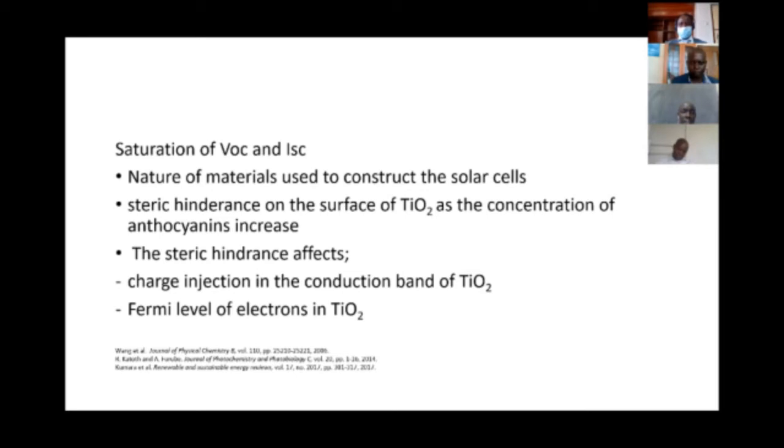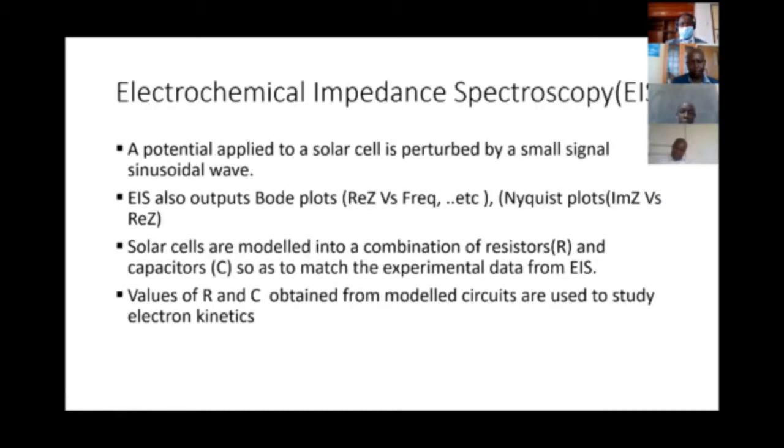Steric hindrance is a situation whereby the molecules which arrived first prevent other incoming ones from attaching themselves to the surface of TiO2. The resultant effect is that it affects the rate at which charge is injected into the conduction band of TiO2, as well as the Fermi level of electrons in TiO2.